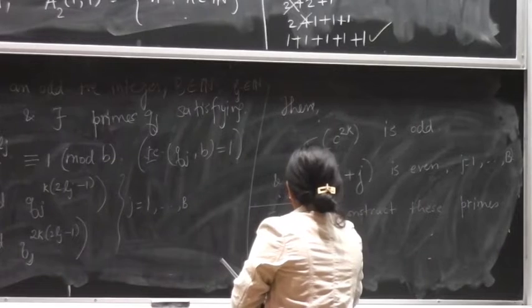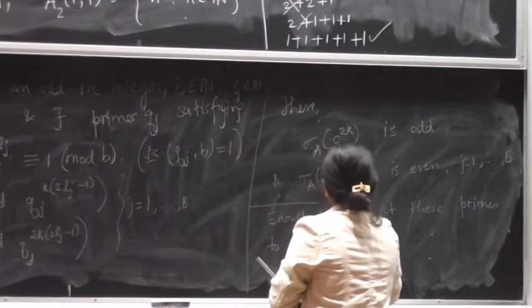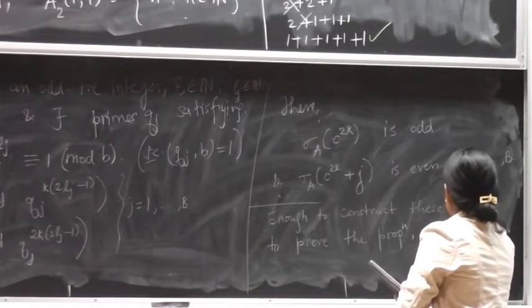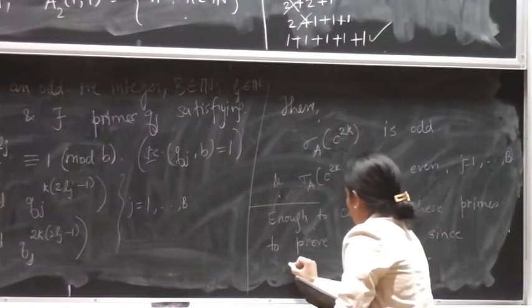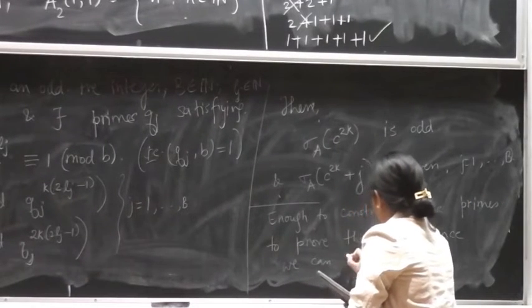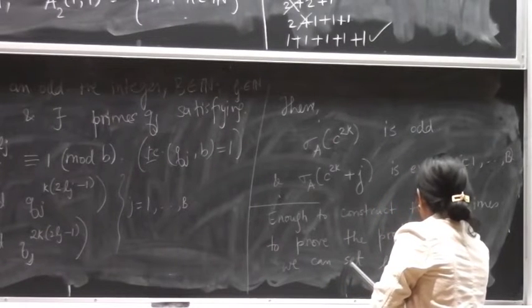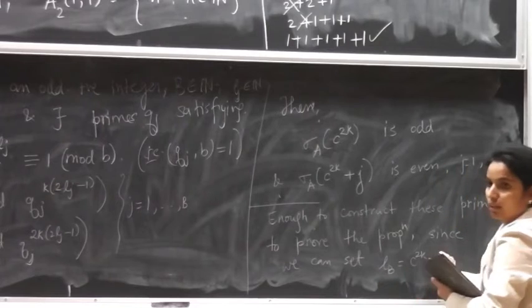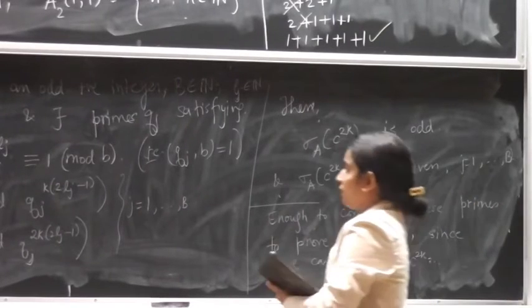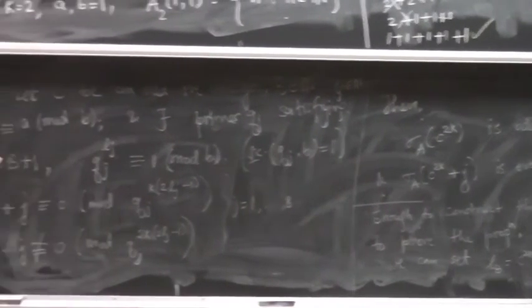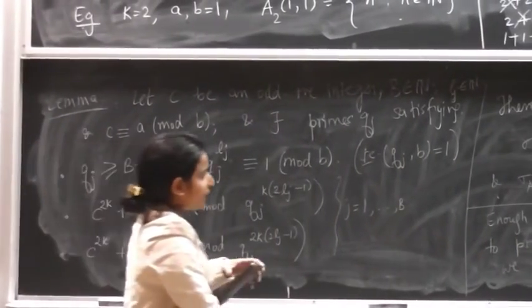To prove the proposition. I will not prove this, but in order to prove the proposition, we need to construct these primes, and we do that inductively.